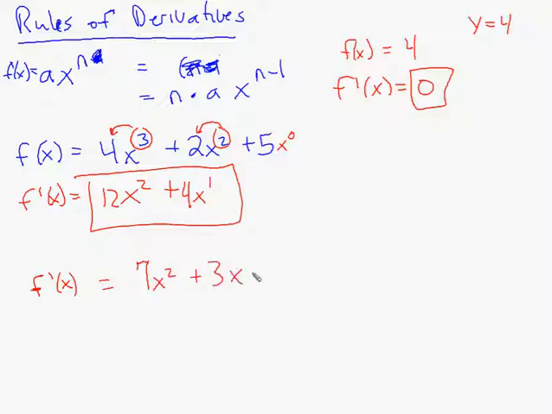It's not just 14x. What's the exponent on this x right here? 1. So what's 1 times 3? 3. So plus 3. And then I decrease that power by 1. So x to the 0 is a 1, so I don't need to worry about it.